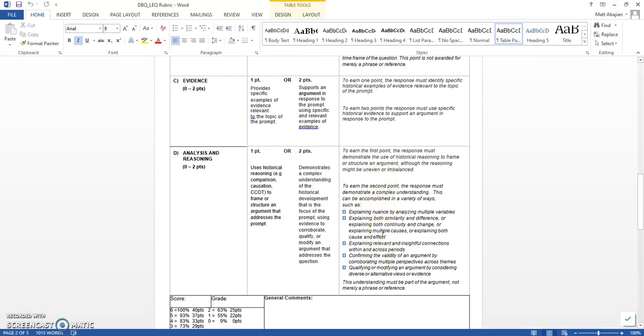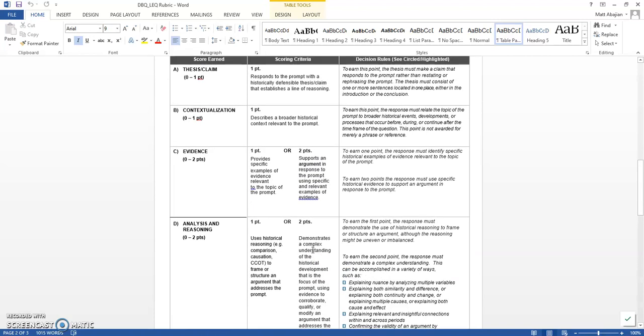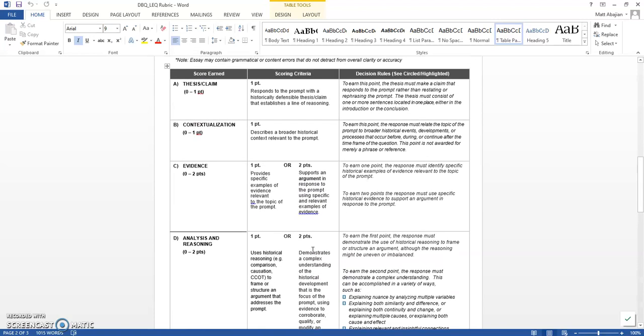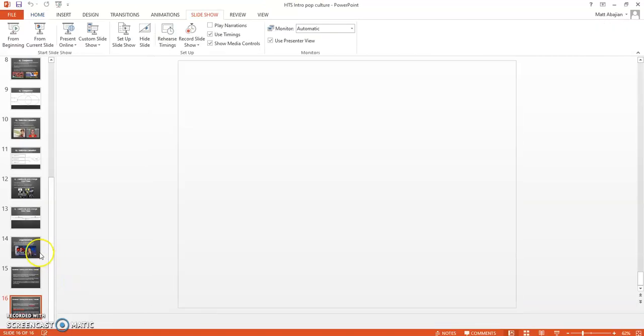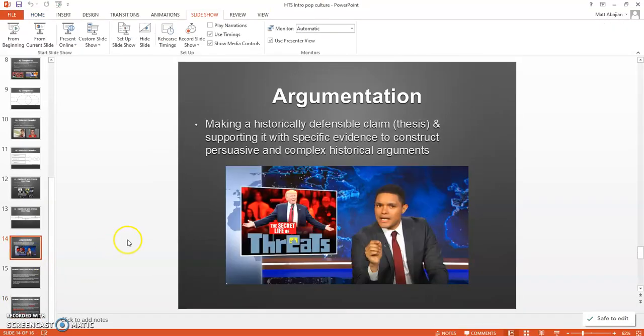It can be periodization, it can look at validating arguments, what's relevant, what have you seen throughout, but really it's just writing a solid argumentative essay. When we're talking about argumentation, by the way, think of it like your late night talk shows or some of your social dialogue and media commentary, where you're taking a claim, your thesis, supporting it with specific evidence.